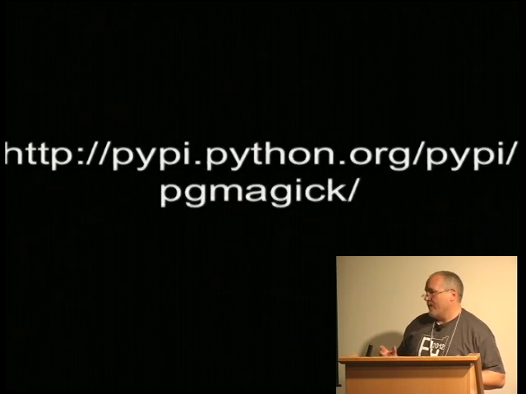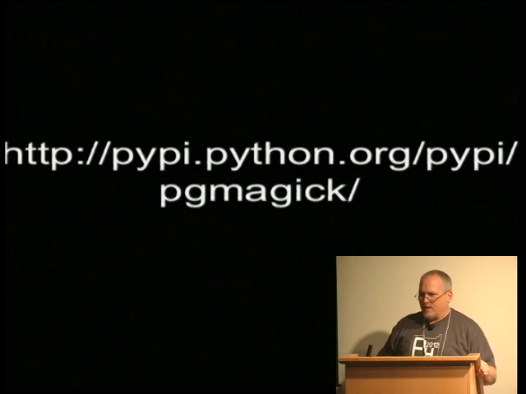The problem with this is that I've only actually been able to get the whole PGmagick GraphicsMagick stack working on one machine. When I started messing around with this, when I was laid off, I had a little Ubuntu box, and I got it to work. I've been trying for about a week now.